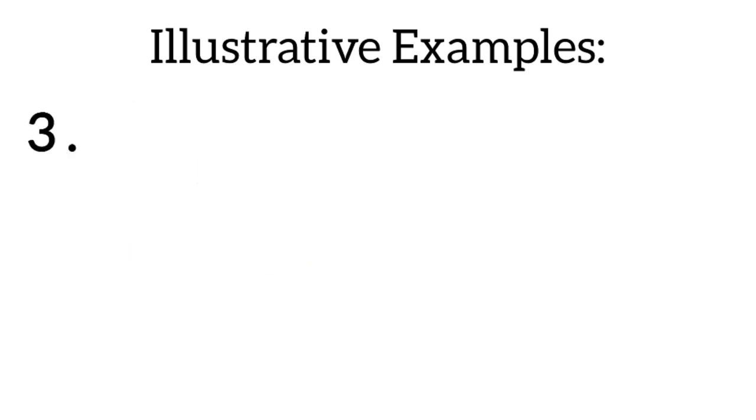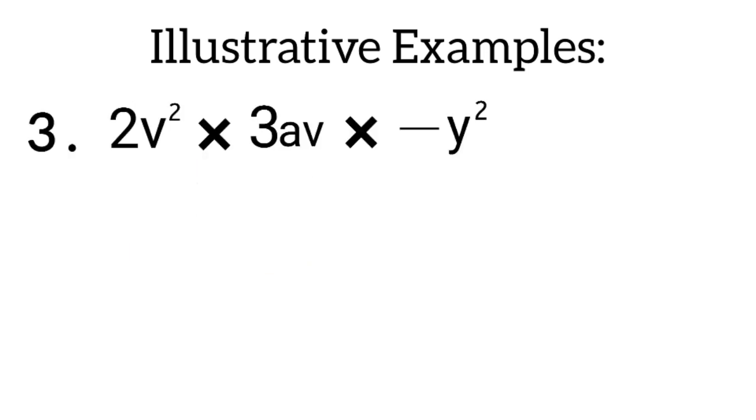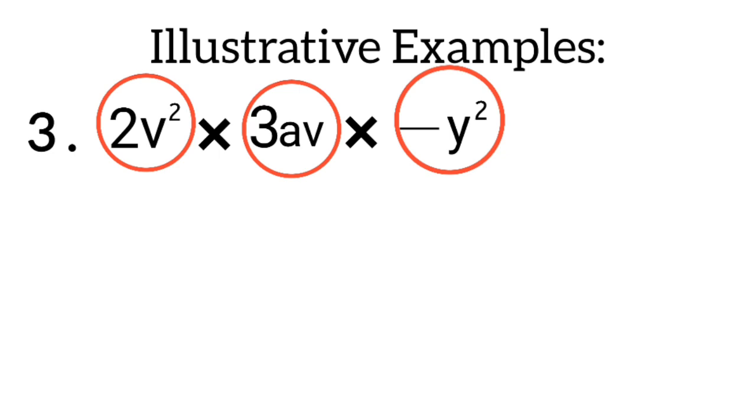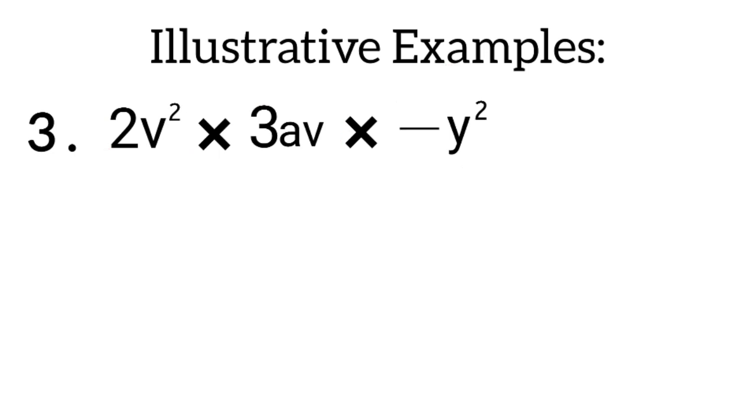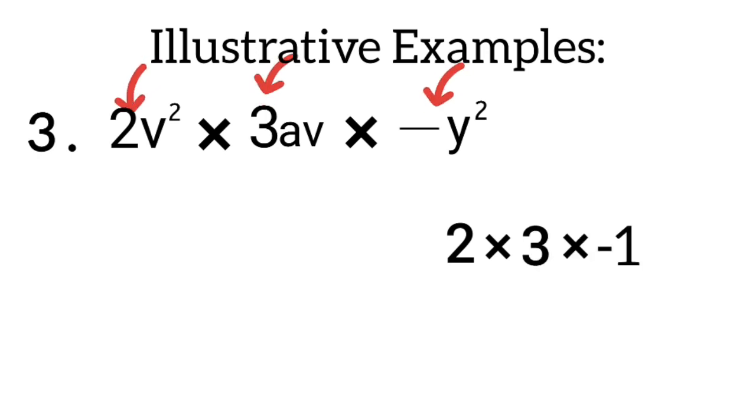Question number 3. In this question, this multiplies this, which also multiplies this. Multiply the numbers. So 2 times 3 times negative 1, since the number in front of y squared is negative 1. Now, when you multiply the numbers, you will get negative 6.